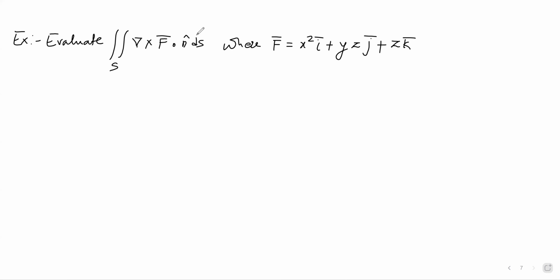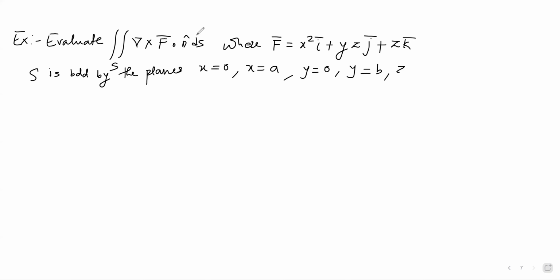The region S is bounded by the planes x equal to 0, x equal to a, y equal to 0, y equal to b, and z equal to 0. So we have to take here planes.